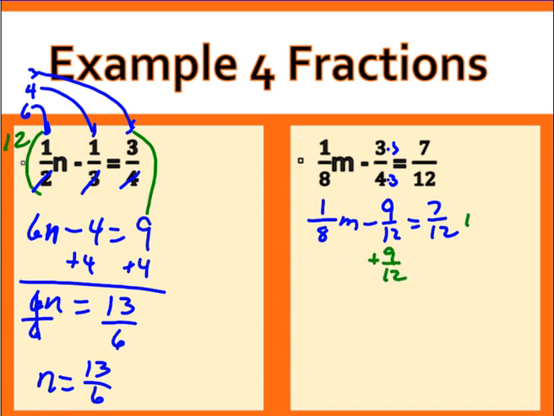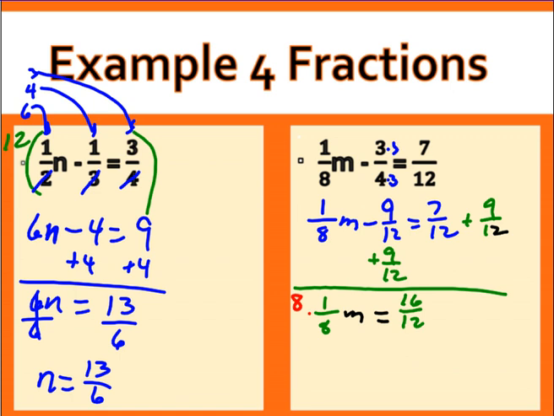So if I add 9/12 to both sides, I end up with 1/8 m equals 7 plus 9 is 16/12. And then the opposite of multiplying by 1/8 is dividing by 8, which really means multiply by the reciprocal, which is 8/1.